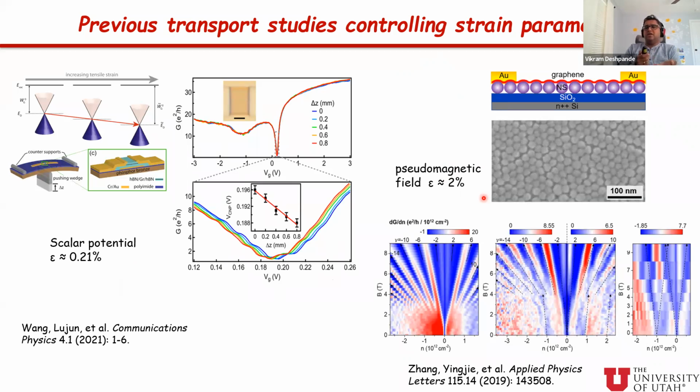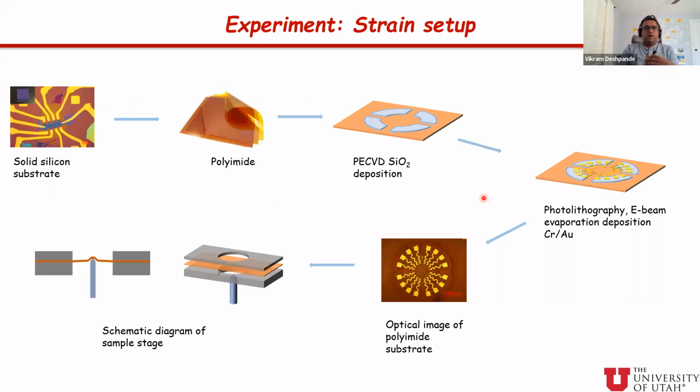In our case, the approach that we have taken is to fabricate samples on flexible substrates. Okay, and the way we do this is we fabricate these samples on polyimide instead of solid silicon, and then we clamp them in a circular sample holder, and then we drive a tip through the sample and study these samples as we apply strain to them.